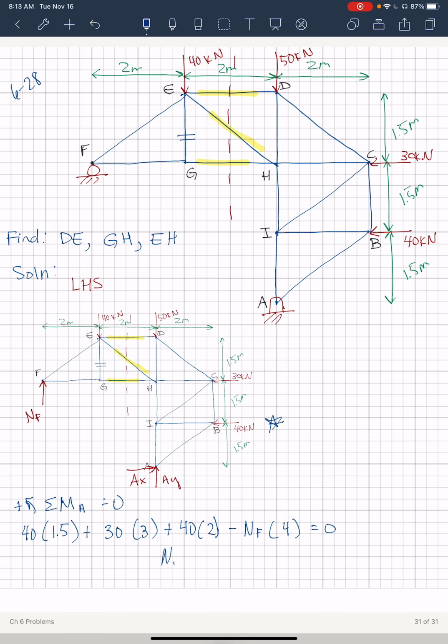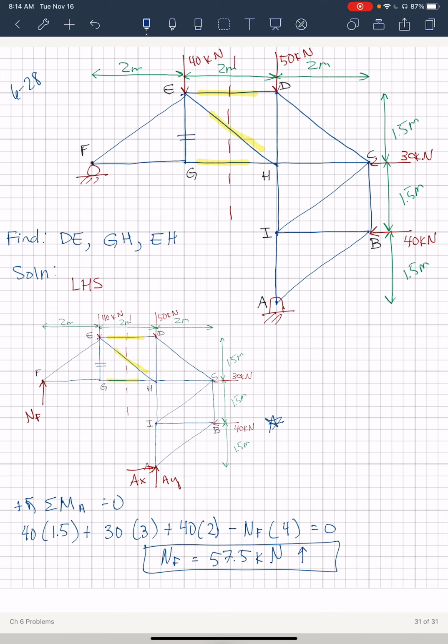So we get NF equals 57.5 kilonewtons, and I got a positive number, so I guessed right about it being pointed up.